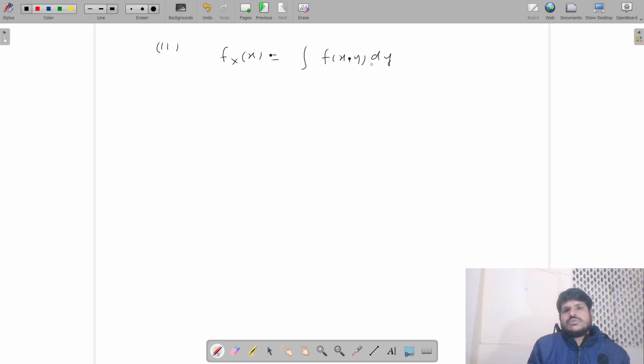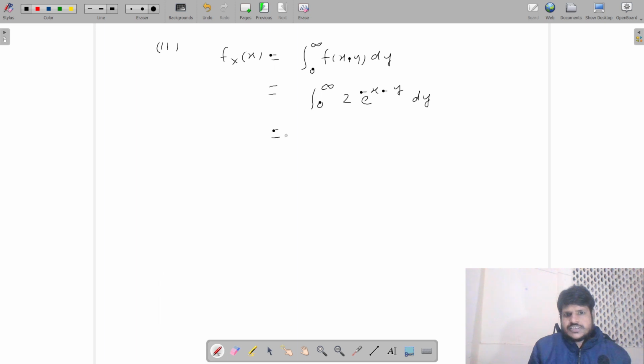Now you should put the limit of y, where y is varying. Y takes here 0 to infinite. Now we put the value of f x y, so we have 0 to infinite, that is value of a, that is 2 e raised to power minus x minus y dy.